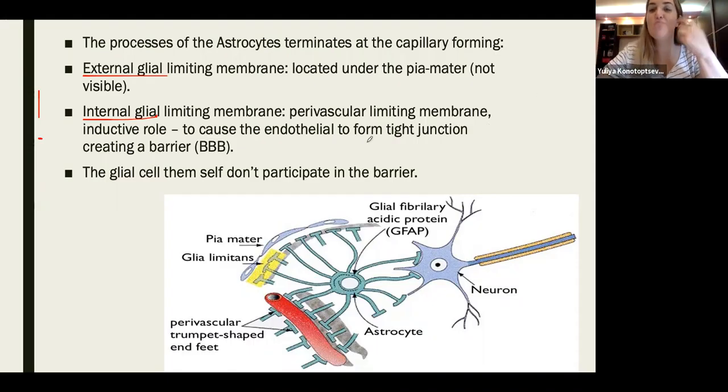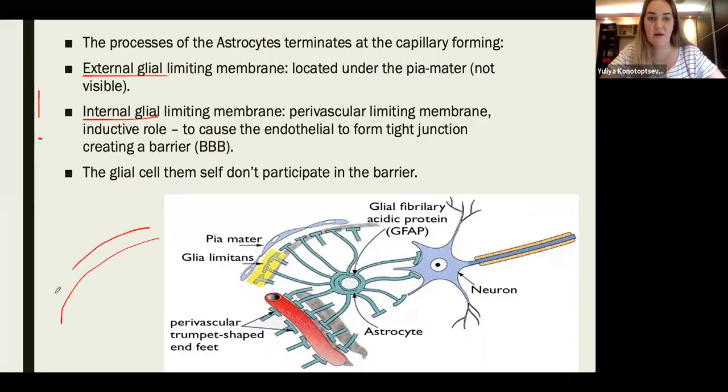What does glia limitans consist of? So think, it is right under the pia mater. So we have brain, this is the pia mater, and between the brain and pia mater is the glia limitans. Pia mater is this one, it is a separate layer by itself.